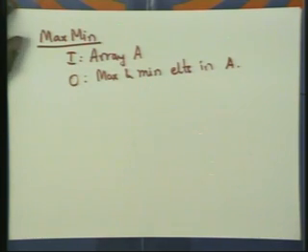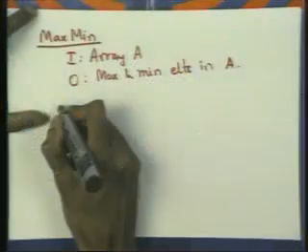Now if I just wanted to find the maximum, the procedure is clearly the same as the one for the minimum element. What if I want to find both the maximum and minimum? Well, I could first find the minimum and then I can find the maximum. How many comparisons does this take? Well, n minus 1 for the maximum, n minus 1 for the minimum, and that makes it 2n minus 2.